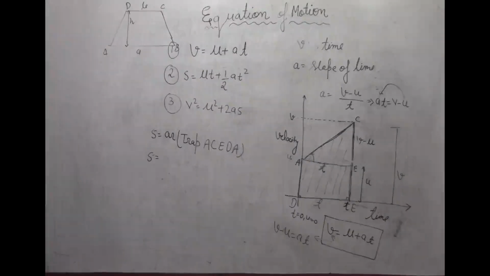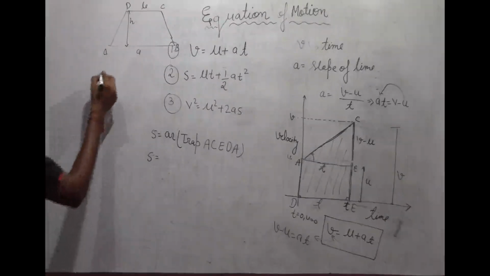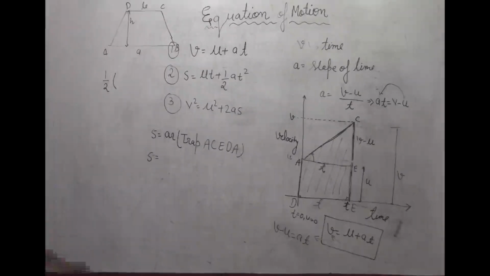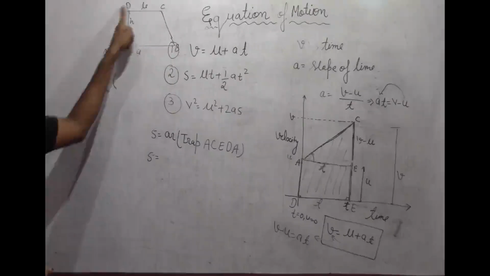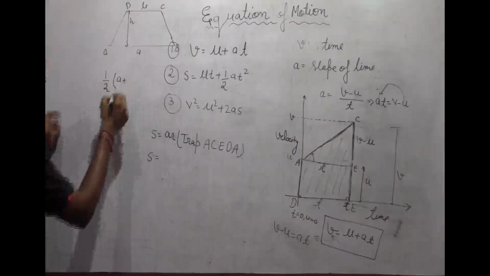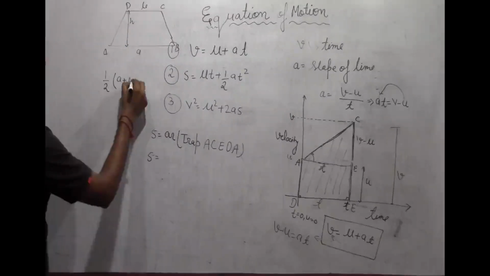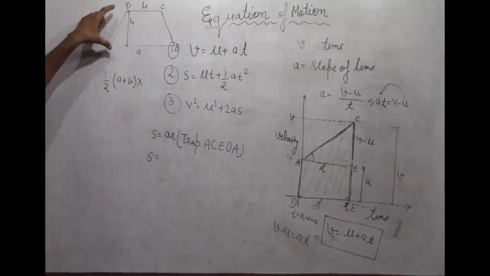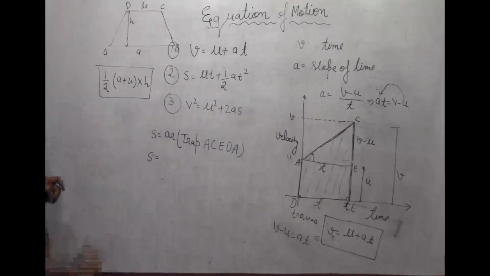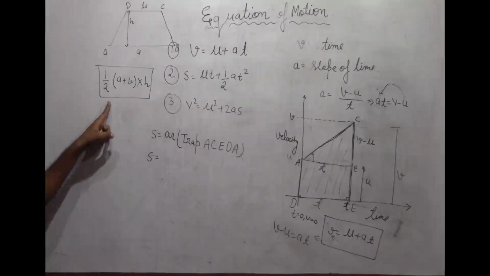The area of trapezium will be half times of the sum of parallel sides. What are the parallel sides? AB and CD. The length of AB is a, and the length of CD is b, into the perpendicular distance between these parallel lines, which is h. So you may calculate the area of trapezium by this method.